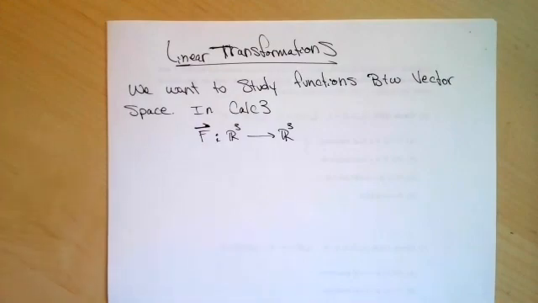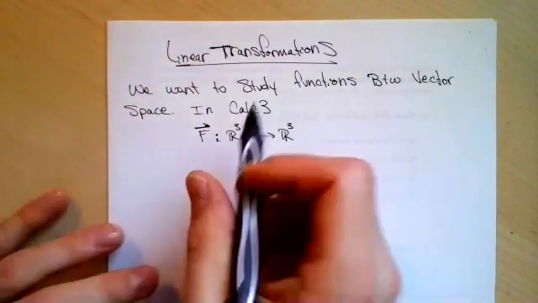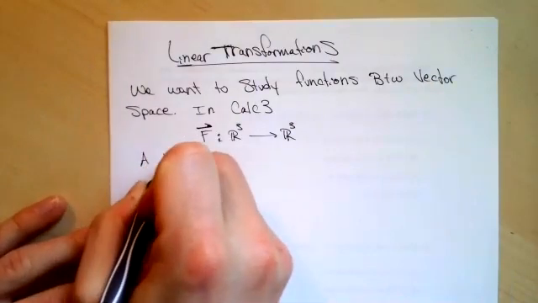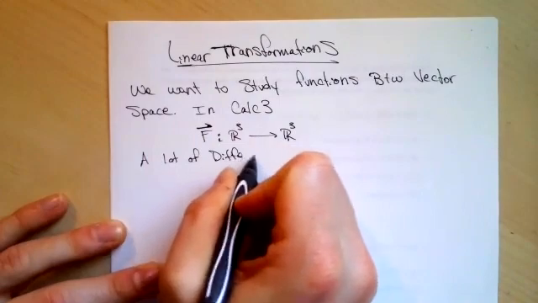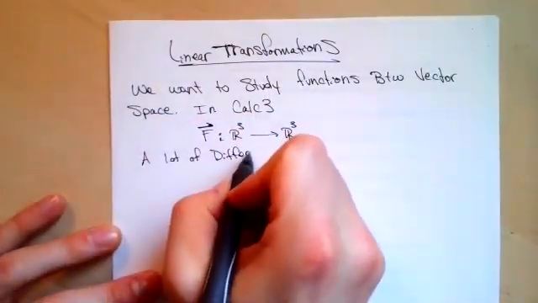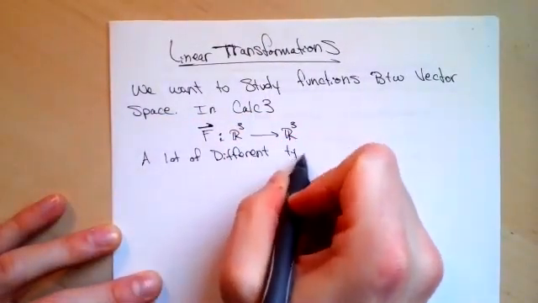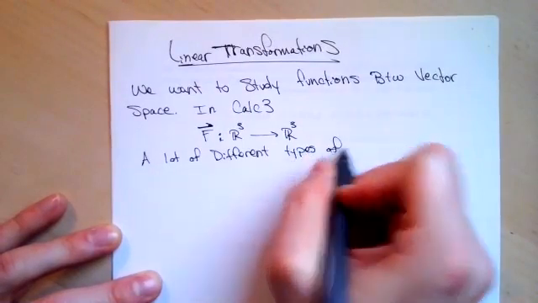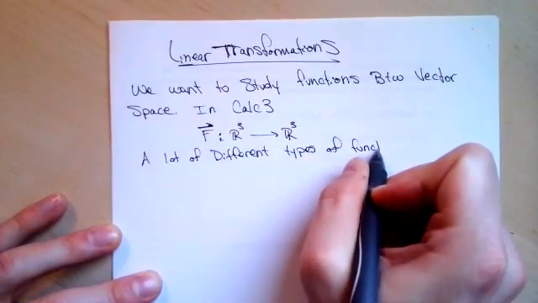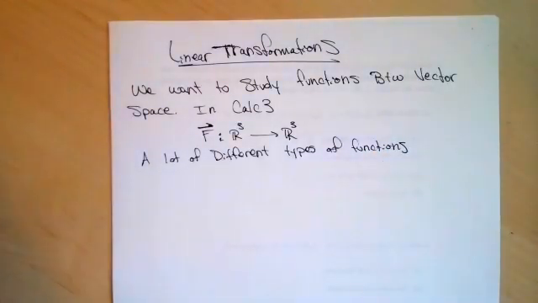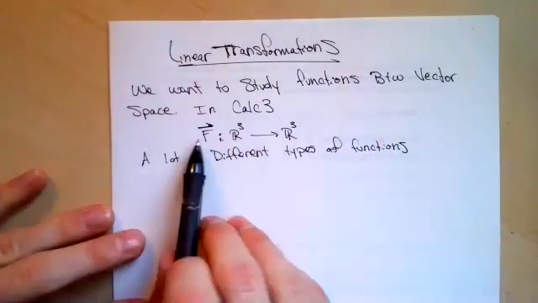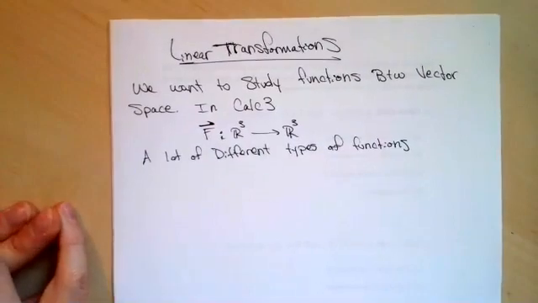The problem is that you do all sorts of differential calculus and pretty much any type of functions that we developed in pre-calc and calc 1, all your exponentials, your natural logs, your polynomials, pretty much any of those can come up and define such a function.